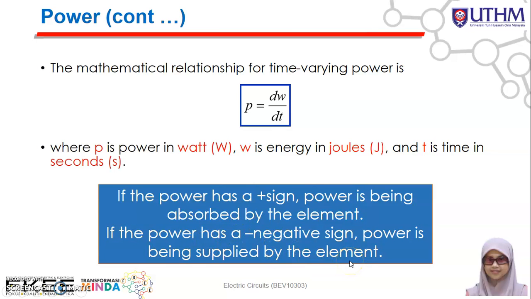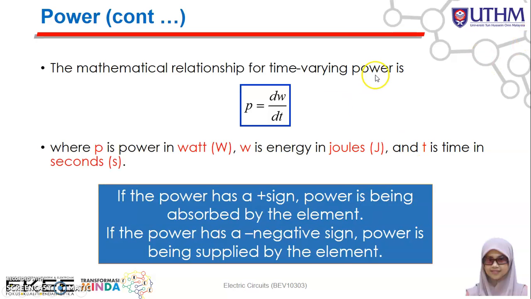So later, when you calculate the power at a resistor and get a positive number, it means that the resistor is absorbing power. When you calculate the power at a source and get a negative value, it means the power is being supplied by that particular source.